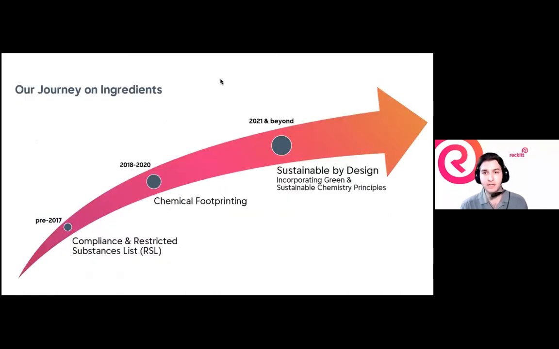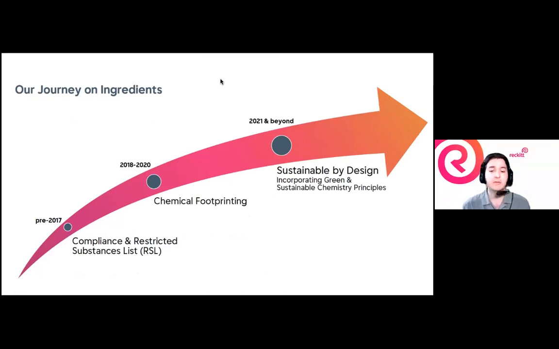From an ingredients perspective, as a lot of the industry has been, we've been focused on compliance and making sure that products are safe for the consumer. For a good few decades, we have had an internal restricted substances list, managing internally the ingredients that cannot be used, with that very focused compliance lens.